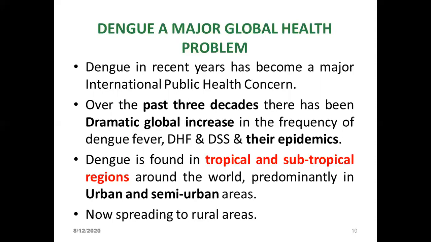It means the regions which have average temperature, not much cold, not much hot. In those geographic areas, dengue disease is found, and predominantly in urban and semi-urban areas, but now the disease is spreading to the rural areas.